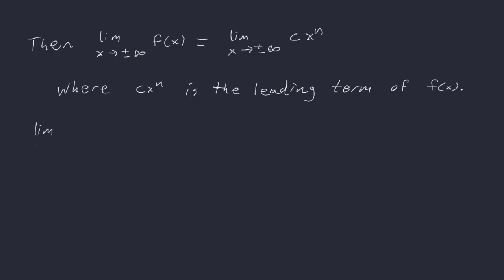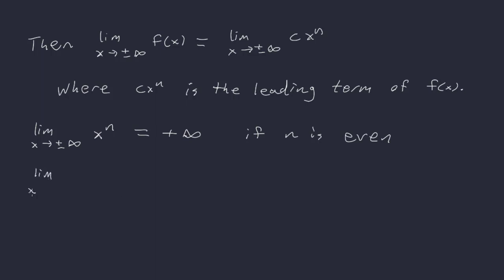Right? The limit as x goes to plus or minus infinity of x to the n is going to be plus infinity if n is even. Right? Because if n is even, whether we put pluses or minuses in here, we're always going to get positives, right? Even powers make anything we plug into it positive. So we'll always go to positive infinity.